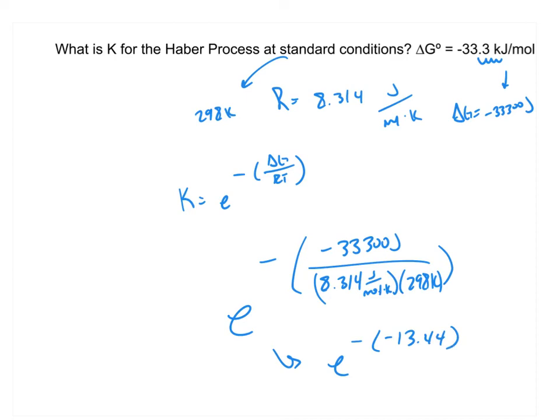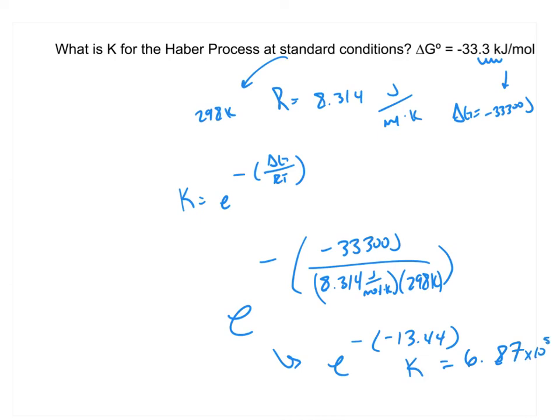And so then I took the inverse of natural log of the negative second answer, and I get a number that's really, really large. And you'd expect that since delta G, remember, is negative, then K should be really, really large. In this case, K is equal to 6.87 times 10 to the 5th power.